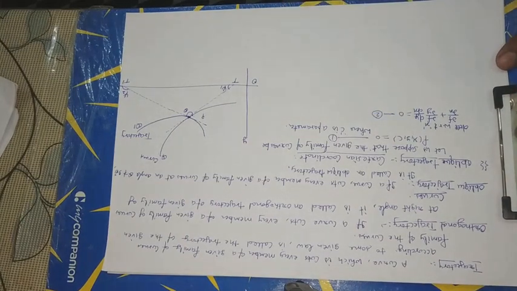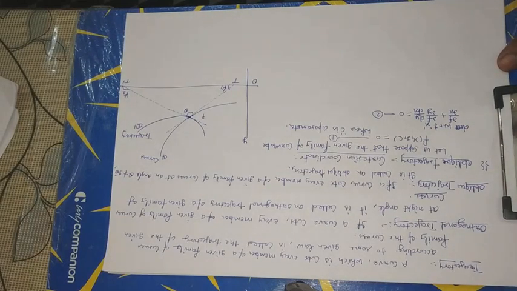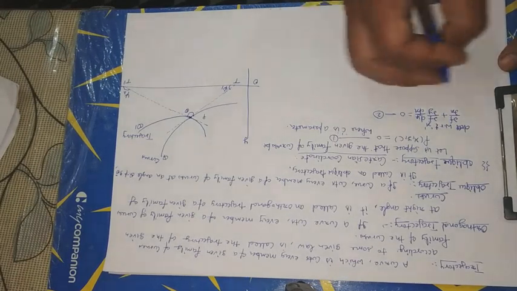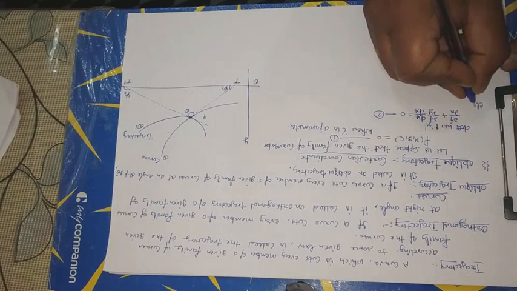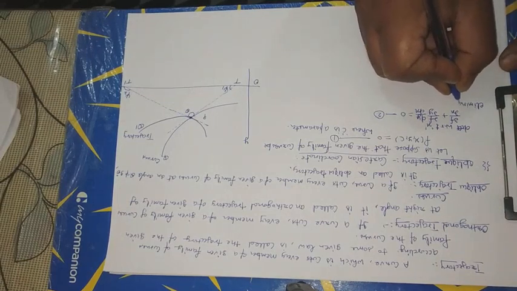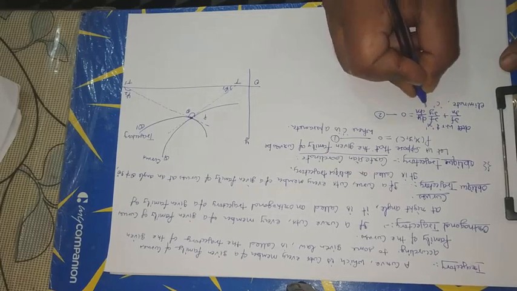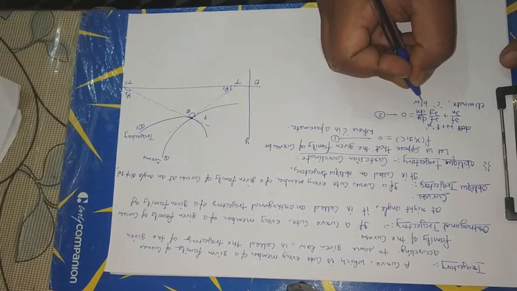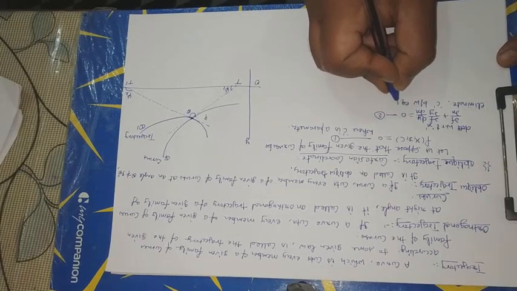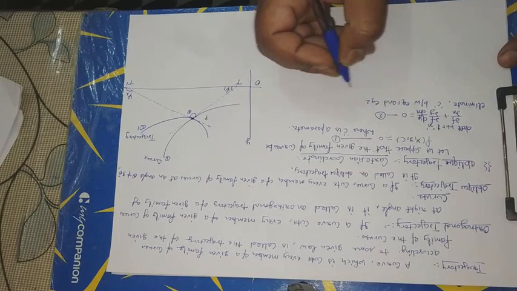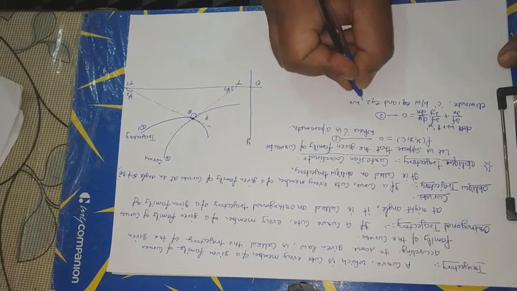Now eliminate the parametric term c between equation 1 and equation 2. We get the differential equation of the given family of curves.